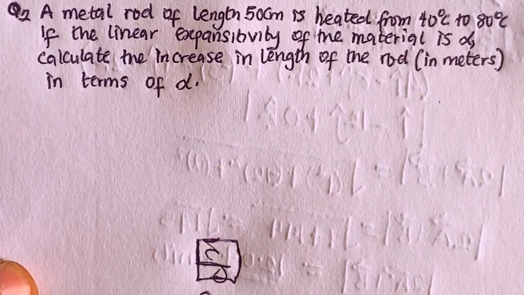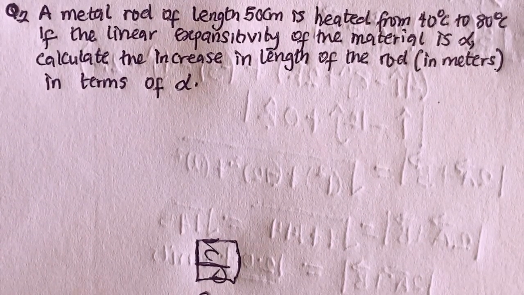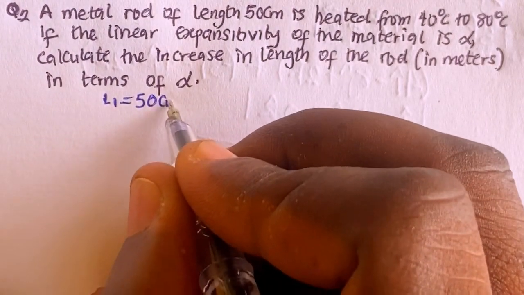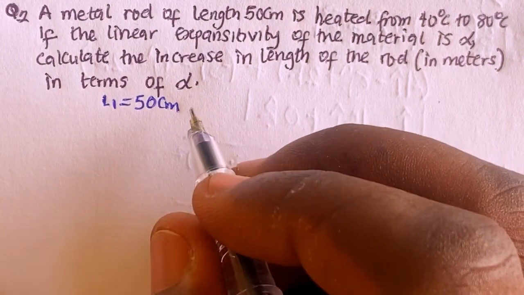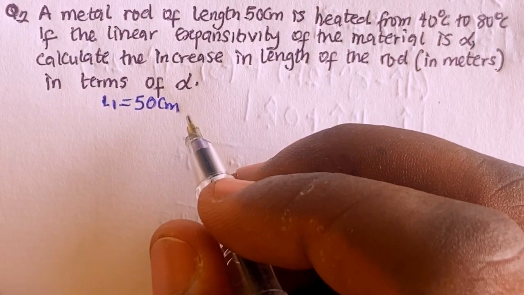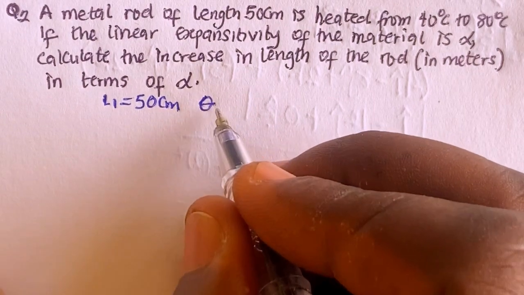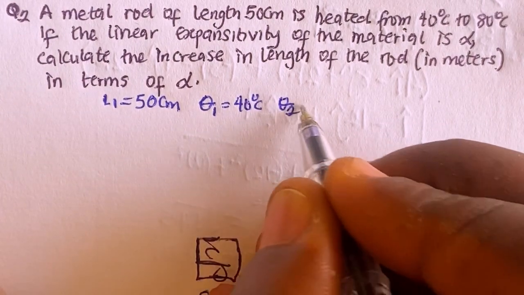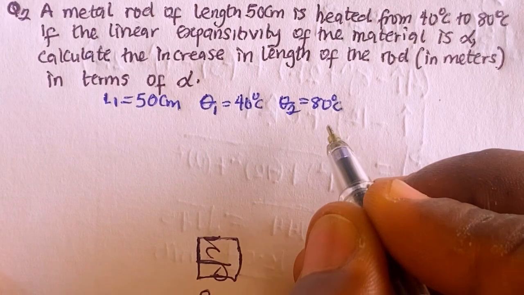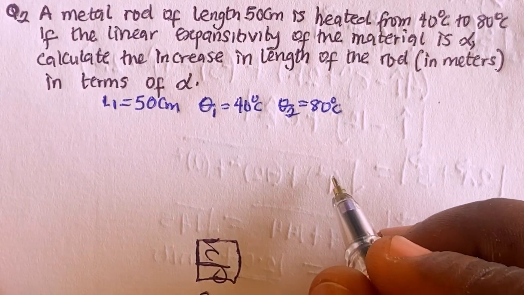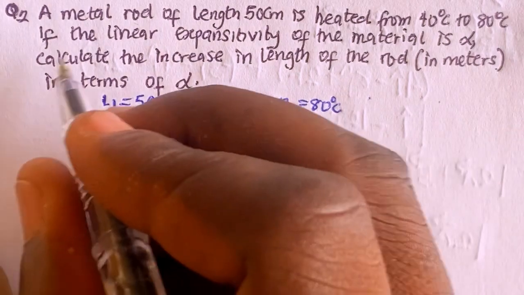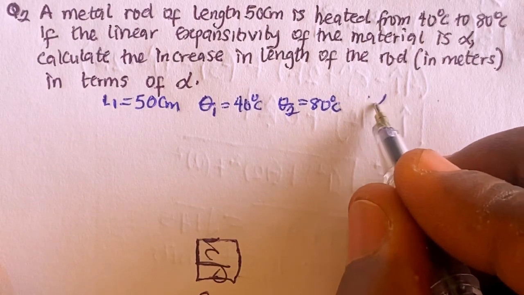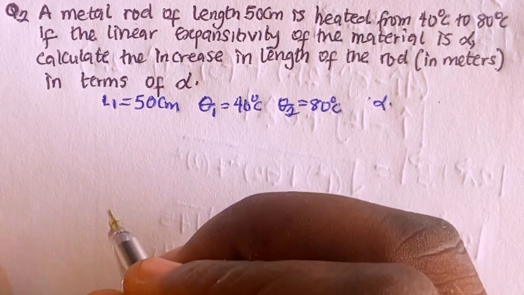Check the second question I'm having here. The question says a metal rod of length 50 centimeter, that is the original length of the metal, is heated from 40 degrees C to 80 degrees C. That means our initial temperature theta 1 is 40 degrees, and our theta 2 is 80 degrees C. If the linear expansivity of the material is alpha, calculate the increase in length of the rod.